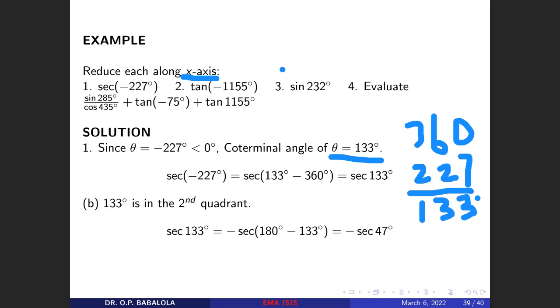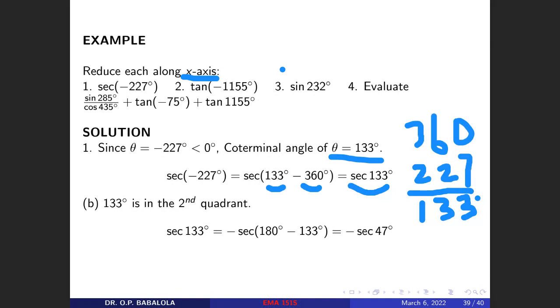Sec minus 227 is the same thing as sec of the coterminal, which is sec 133 degrees. So instead of using sec minus 227 degrees, I would rather use sec 133 degrees. Now I want to reduce sec 133 degrees along the x-axis.